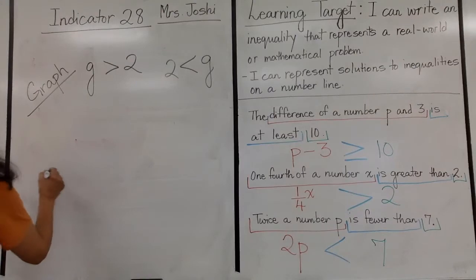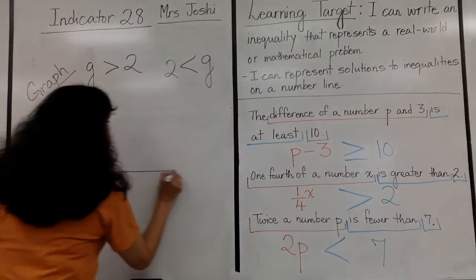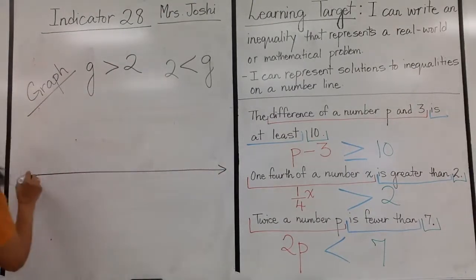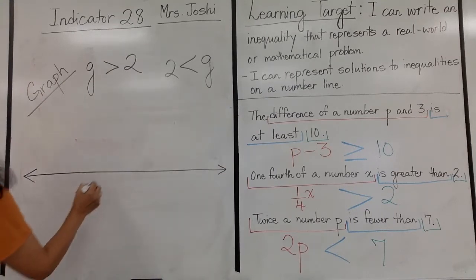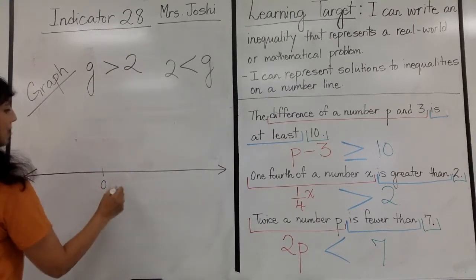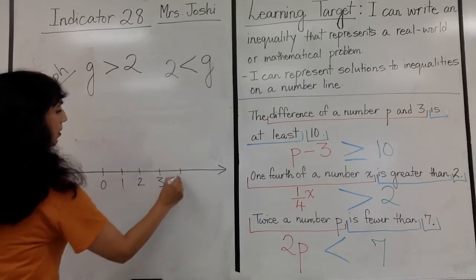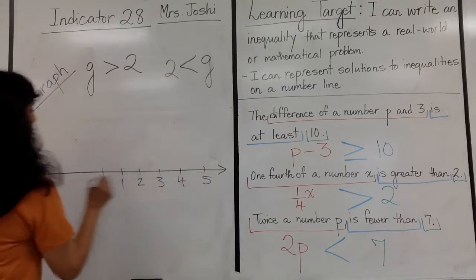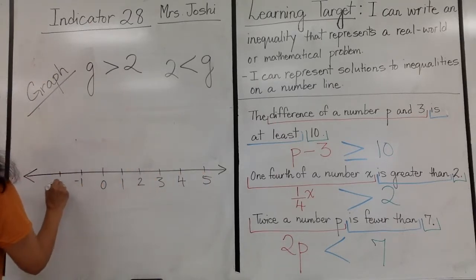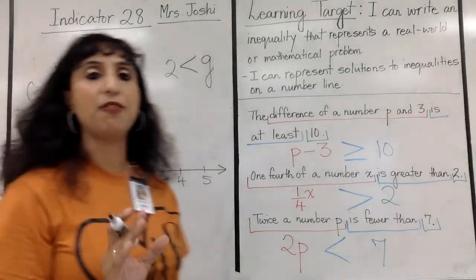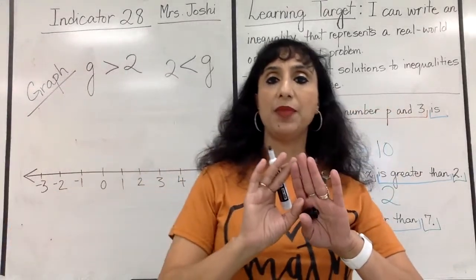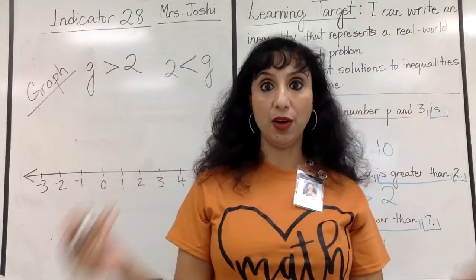So I'm going to make a number line. On the right of the number line is all positive numbers, and the left is all negative numbers. And again, 0 is your reflection area from where both sides are reflected off, like in a mirror.